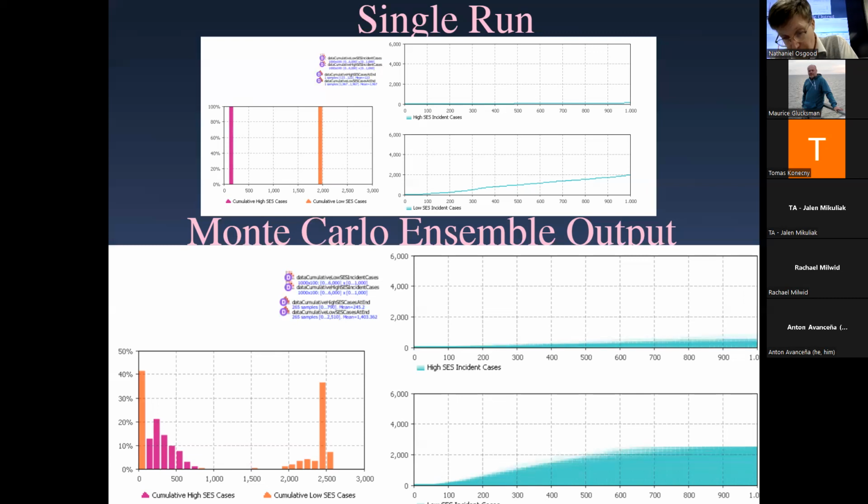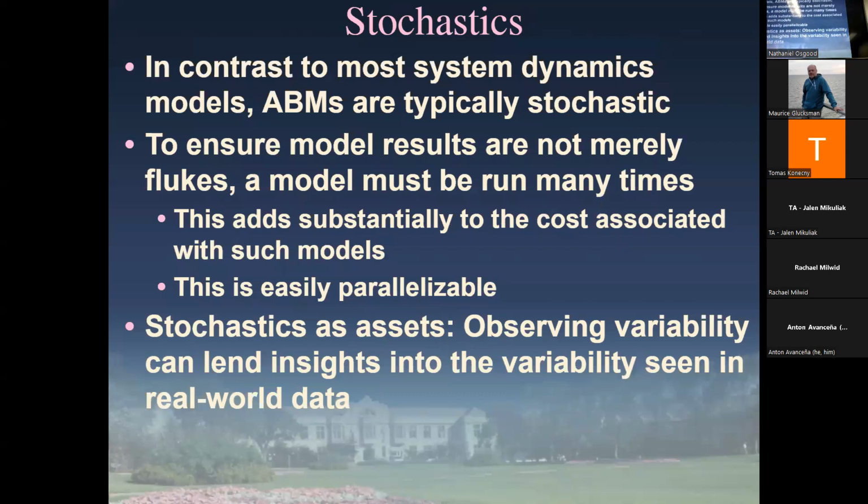And if you run it again, there's some uncertainty about exactly how many have been infected by time 600, but it lies generally between 0 and 2000 for the low SES, and at that time between 0 and maybe 400 or something for the high SES. So just be aware, stochastics mean that when we interpret results, we get different results with the same assumptions in the model, because of chance, happenstance, accident.